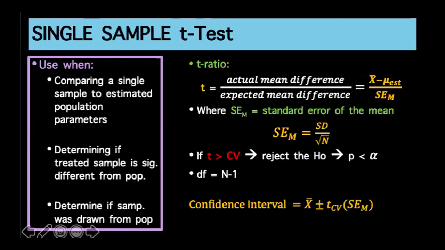The standard error of the mean was given to you two weeks ago, I believe, when we were calculating the confidence intervals for a true population mean. I do want to clarify, because this might seem similar to that calculation.